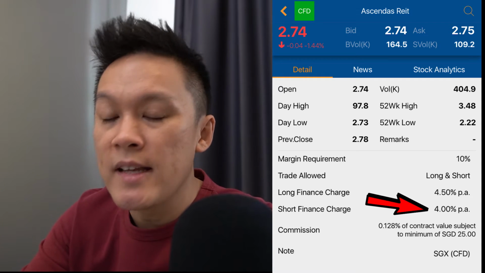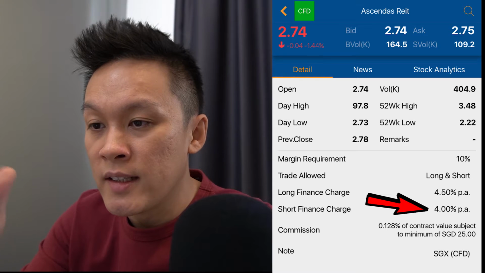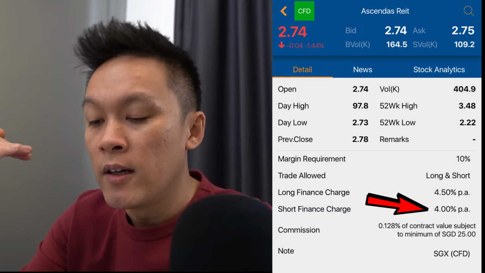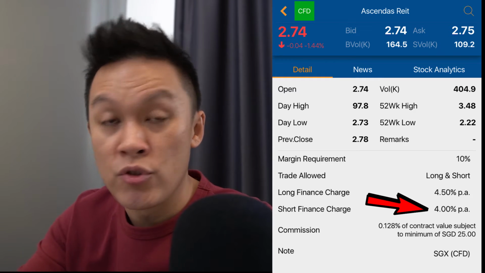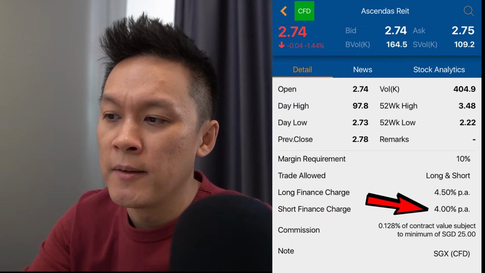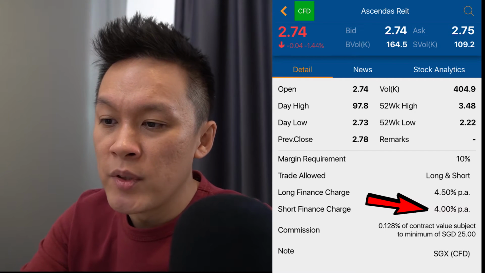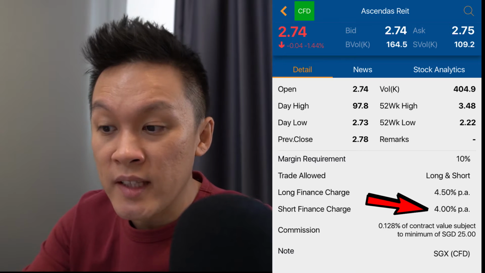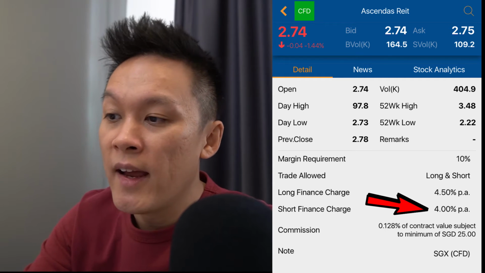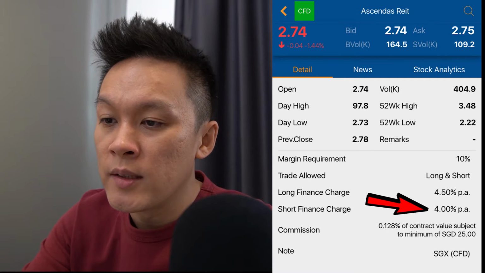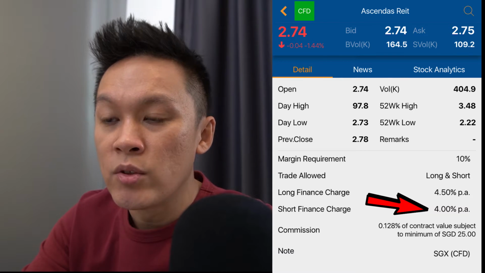So in this case, Ascendas is considered a lower financing cost for short, compared to, let's say, the Mapletree Commercial we talked about just now, which is 8% short finance charge, and Mapletree Industrial is also 8%.